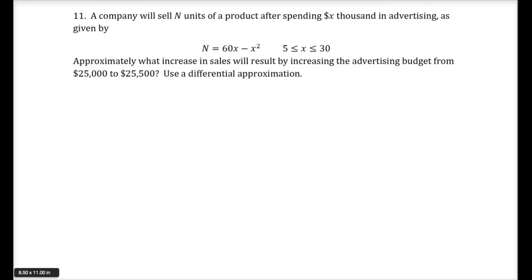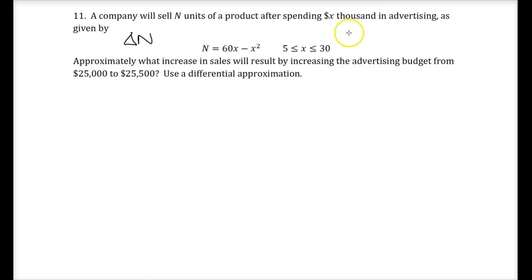Our question asks approximately what increase in sales will result by increasing the advertising budget from $25,000 to $25,500, using a differential approximation. So when we ask for the increase in sales, we want to know what the change in our N value is going to be.